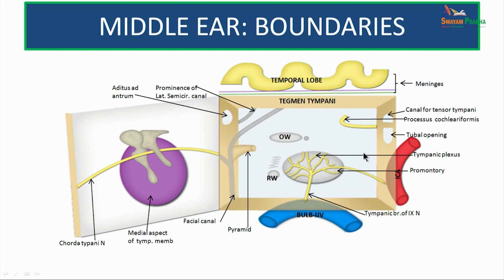This is a diagrammatic representation of the middle ear, whereby we see the roof, the floor, the anterior wall, the posterior wall, and this is the medial wall, and what we have left open is the lateral wall.